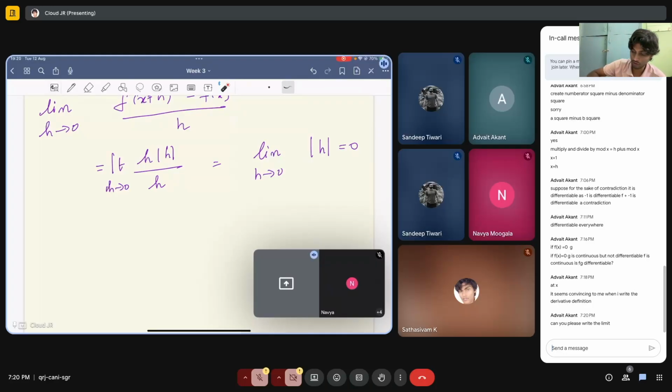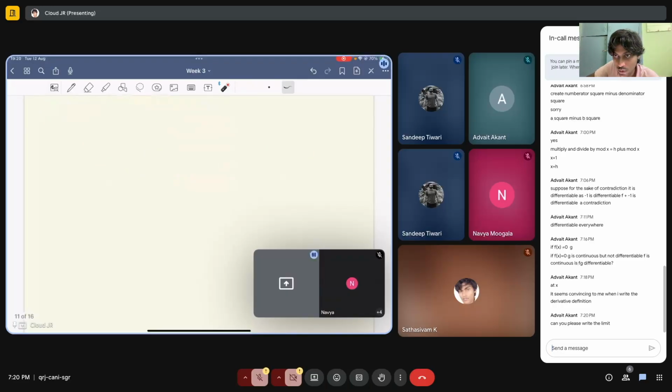Okay, you want me to write the limit? Let's see what is the limit. So I want to look at fg. So this is the limit as h tends to 0 of fg of x plus h minus fg of x, divided by h, right?